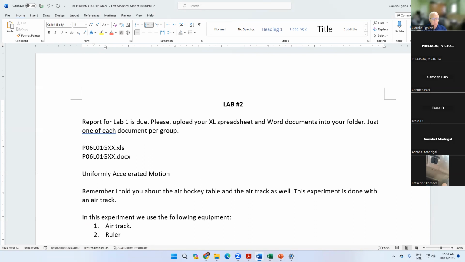And at this point in time, you know the resolution of the ruler is 0.001 meter. And now you know up to which decimal place you can display your number there. Air track, ruler. You're going to measure B with the ruler. At least as of now, you're going to measure B, right?